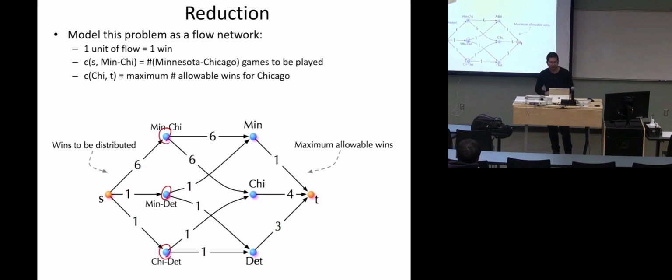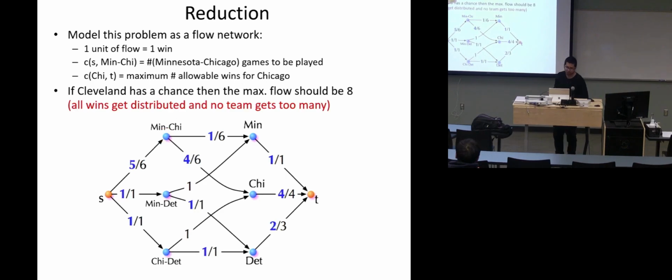8. Yeah, exactly. So basically, if Cleveland has a chance, then max flow should be 8. That is, you can distribute all the wins to all of these teams, so that each of them doesn't receive more than the sink capacity.